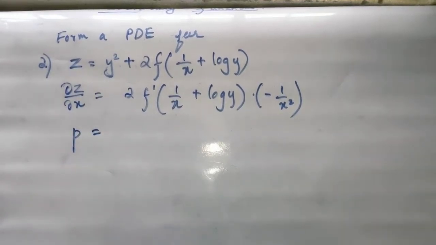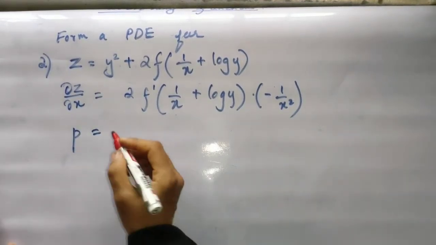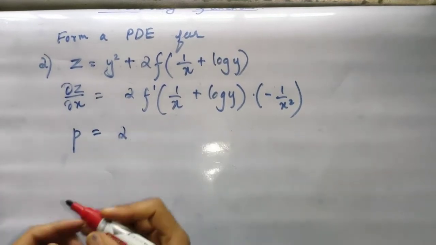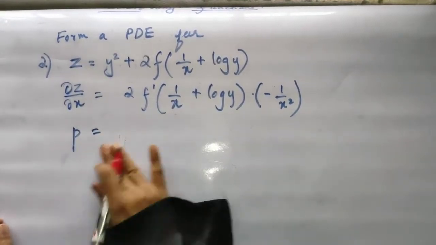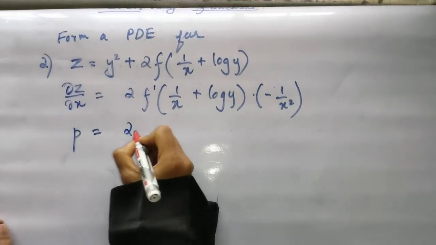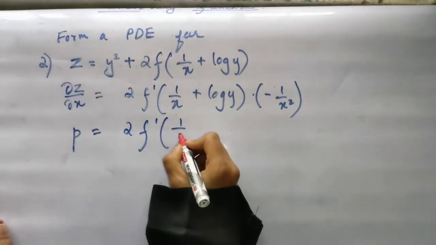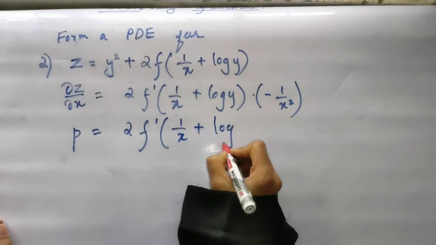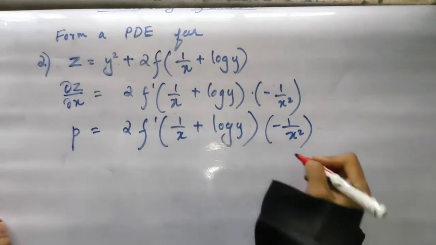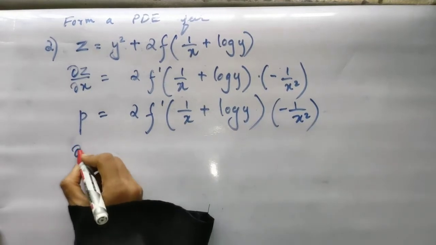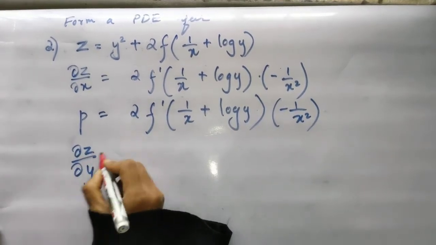Now let us further write simply. What is dou z by dou x? We know it is p, which is 2 times f dash of 1 by x plus log of y into minus 1 by x square. Now we'll once again find what is dou z by dou y here.